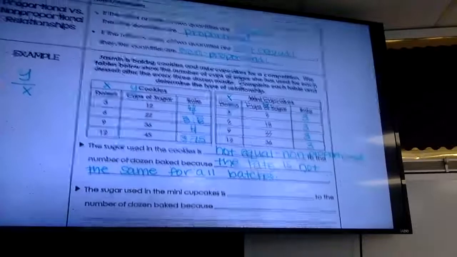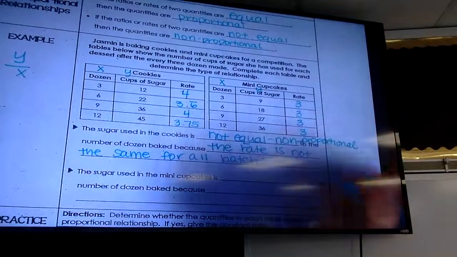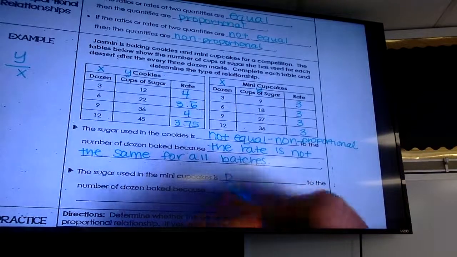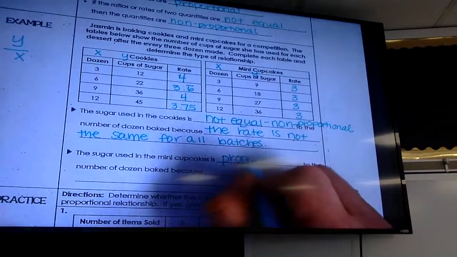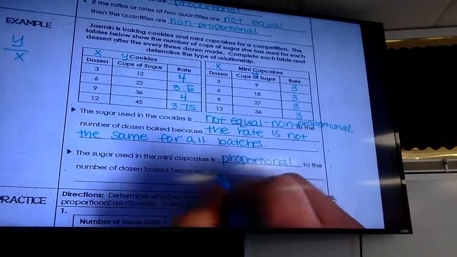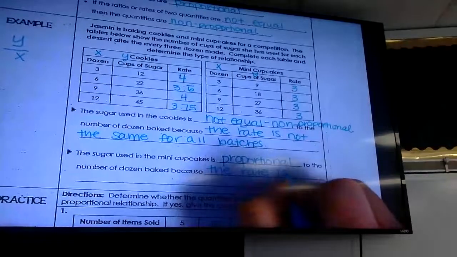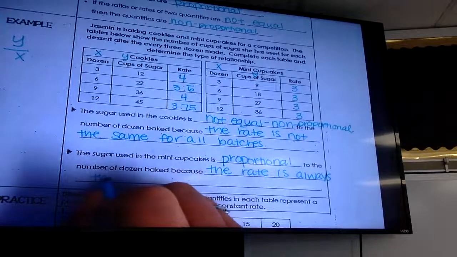It changes over time. Okay, but then if I look at the sugar in the mini cupcakes, here's my rate that I came up with. My y divided by my x always gave me 3. So I would say the sugar used in the mini cupcakes is proportional to the number of dozen baked because the rate is always the same.